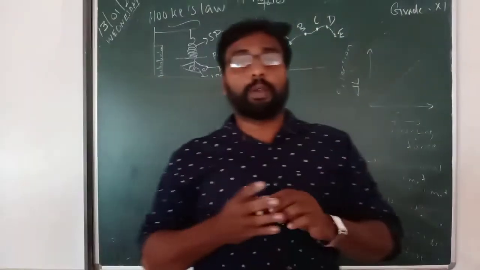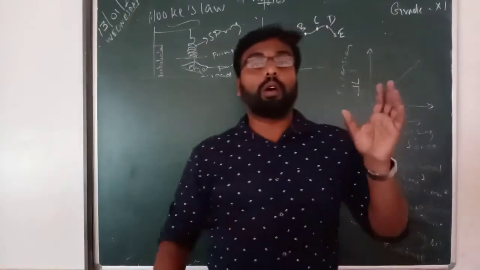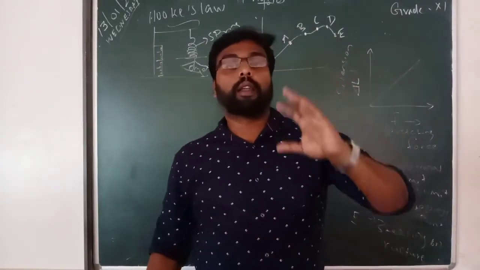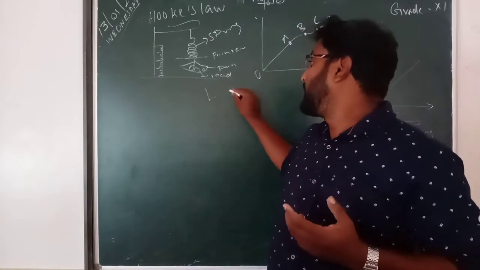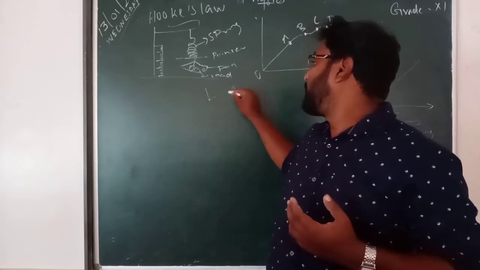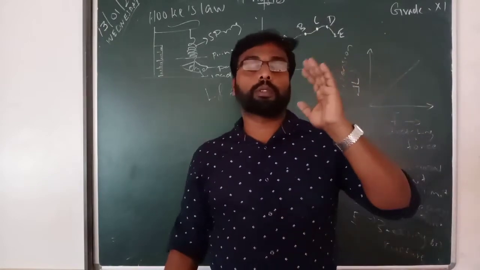For this experiment, what is used? A spring of length L, and it has a uniform cross-sectional area A. You know what uniform cross-sectional area means?